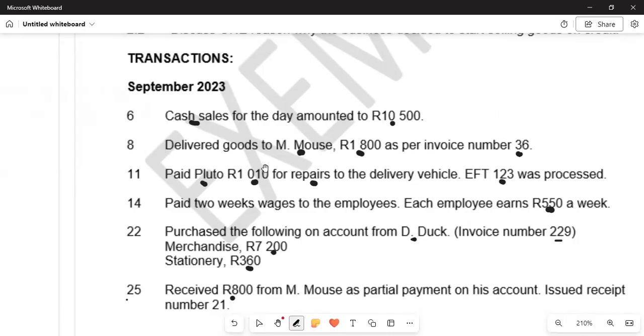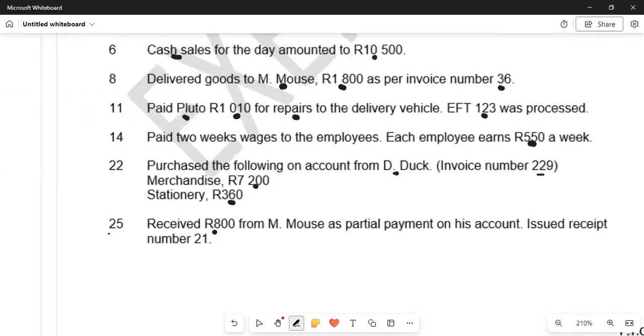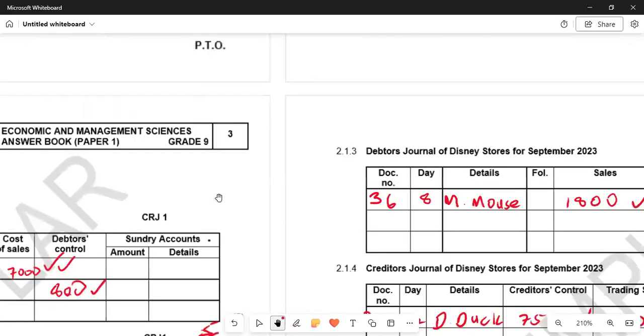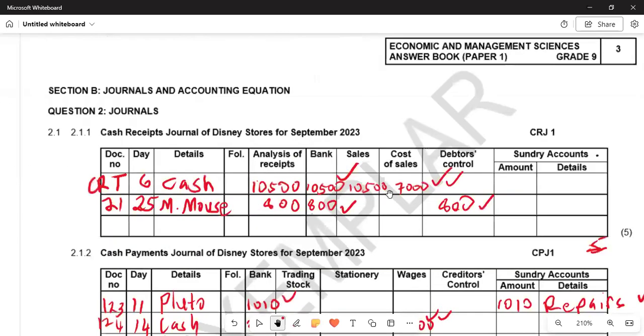But transaction on the 25th: received 800 from Mouse as a partial payment for his account. It means we received cash from our customer, who is our debtor, Mouse. So this one we are going to record. We have document 21, then the day was 25, and Mouse under details.